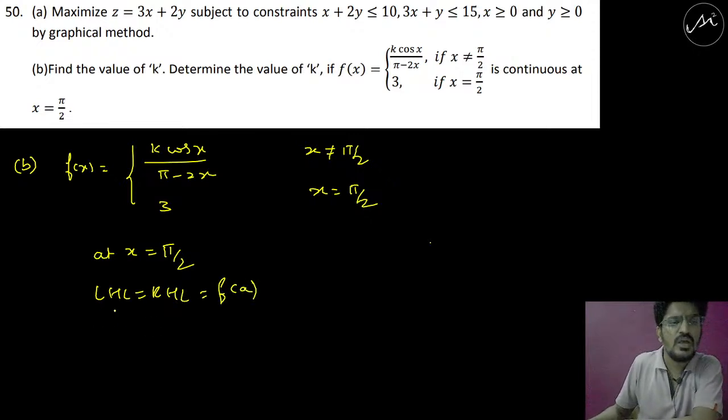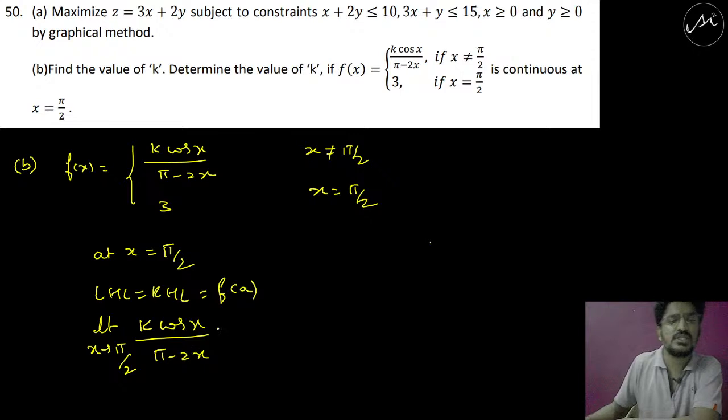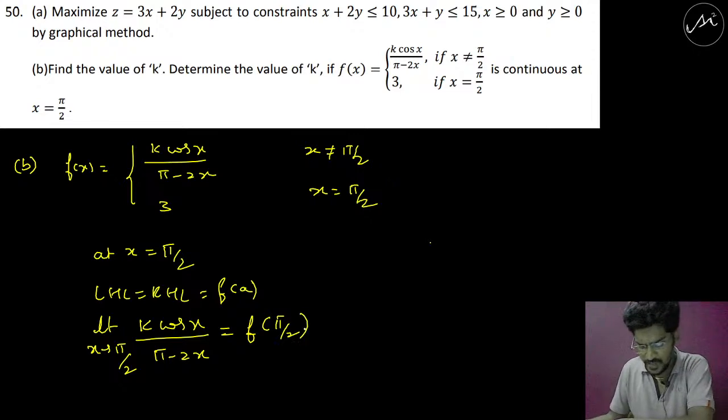So therefore LHL equal to RHL means limit x tending to pi by 2 K into cos x divided by pi minus 2x, that is equal to f of a. F of a is nothing but f of pi by 2.